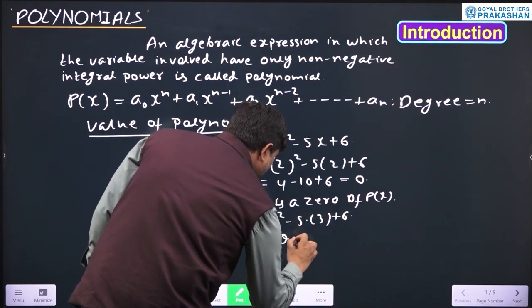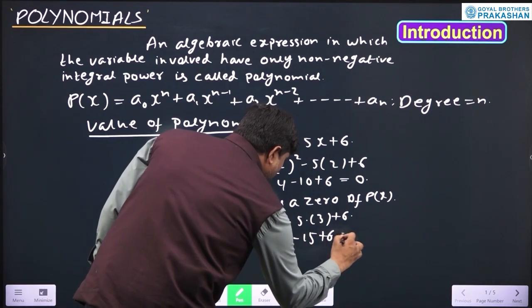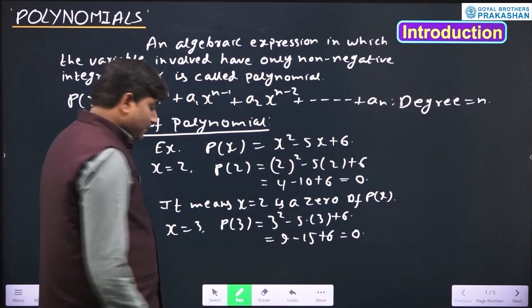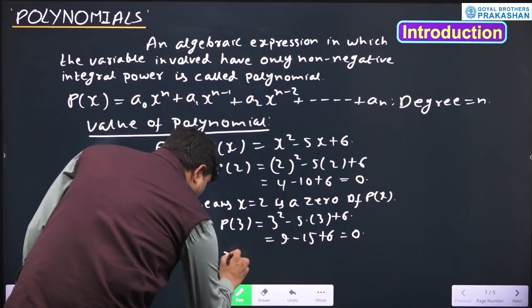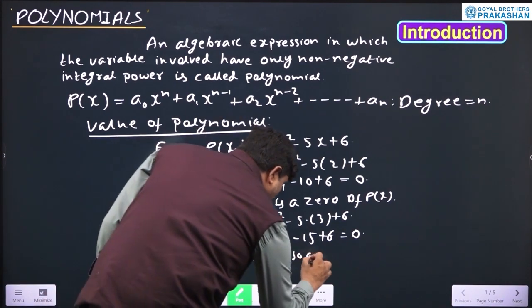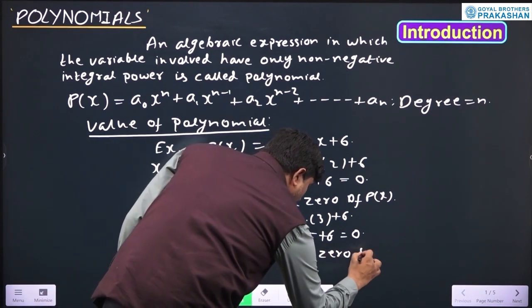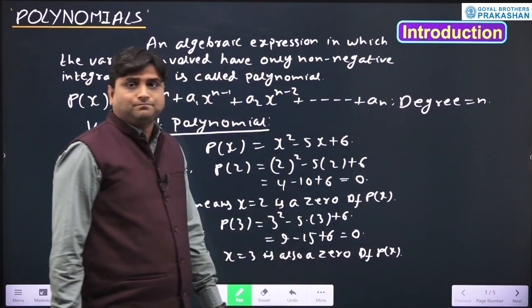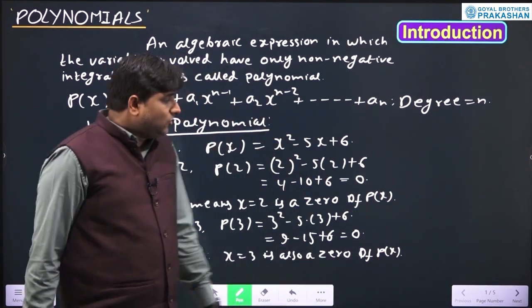So it is 9 minus 15 plus 6. 9 plus 6 is 15, 15 minus 15, again we are getting 0. It means x equal to 3 is also a 0 of this polynomial. So this is about the 0 of a polynomial.